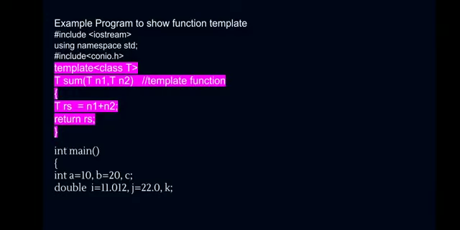Now the function becomes double sum, double n1, double n2. So n1 and n2 are double values and the return type will also be double. So whenever we call a function with a different type of values, for example, when I call the sum function with integers, t is replaced with integer. When I call the function with double, t is replaced with double.